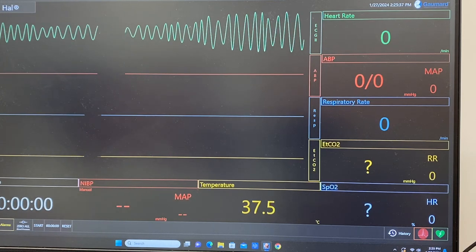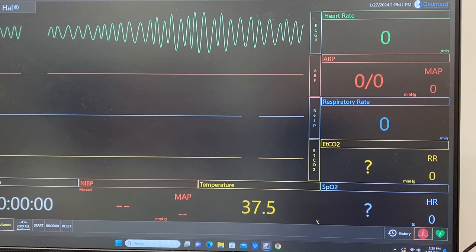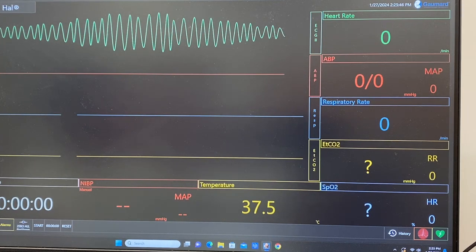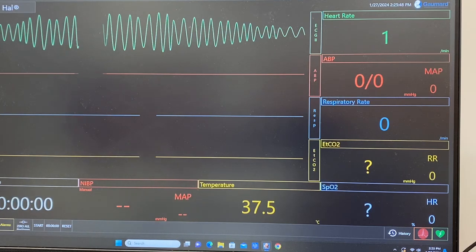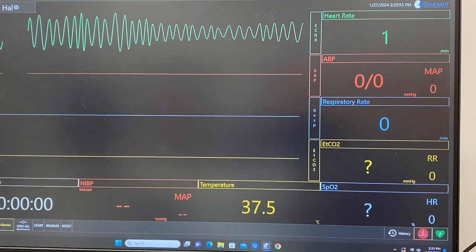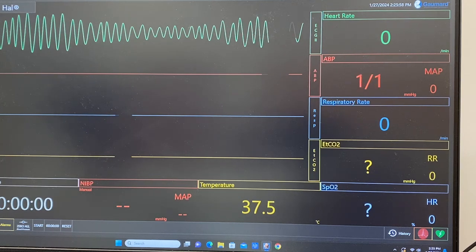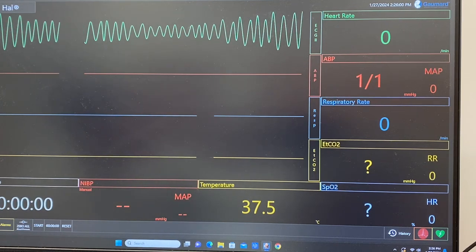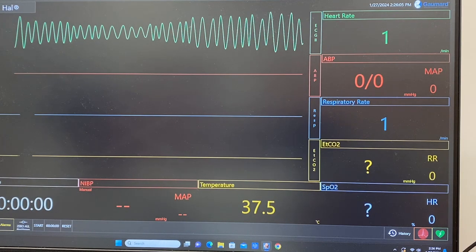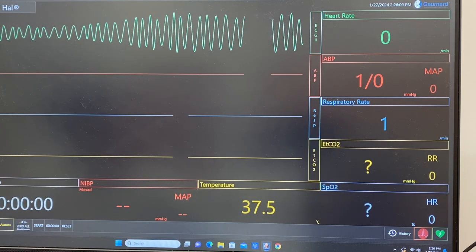The name of it is in French. Is it with an A? No. The C? How many French rhythms do you know? I only know one French rhythm. Give up? This is Torsades de Pointes.